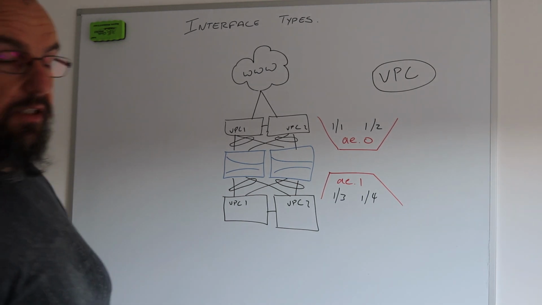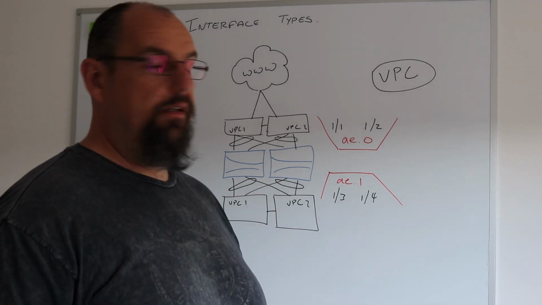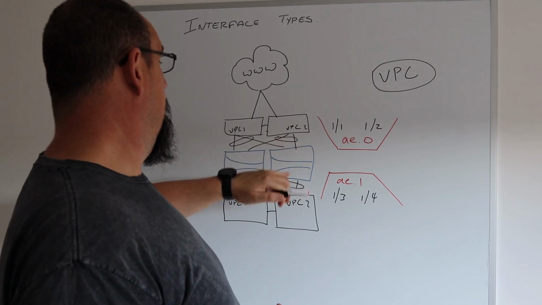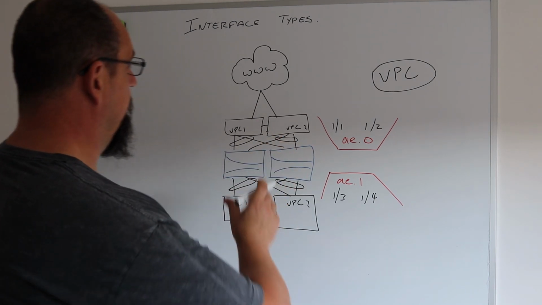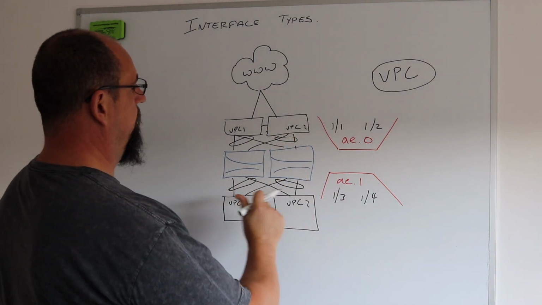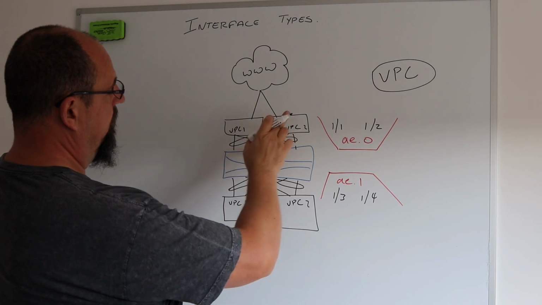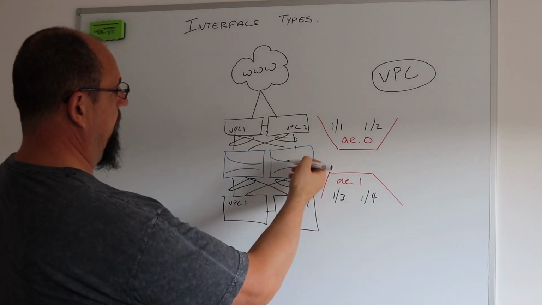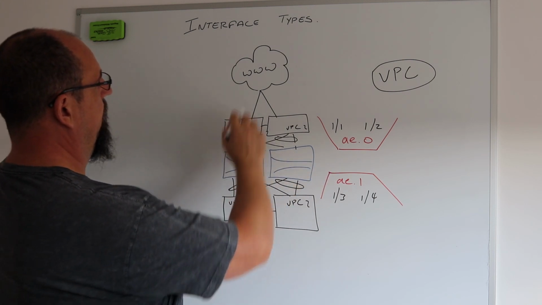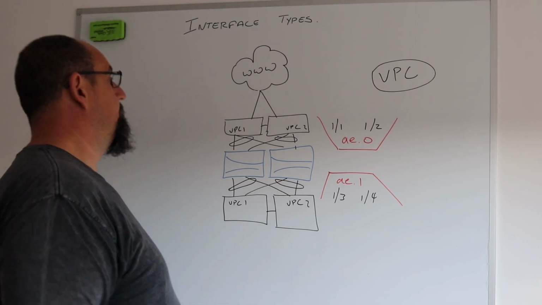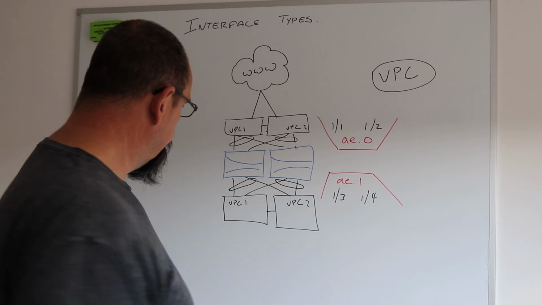And then we have the ability to load share across these aggregate interfaces, and also because they're a single interface across the two, should anything happen, say if that one drops out, you've still got connectivity that way, but crucially, anything coming in here has still got connectivity to the cloud or the internet.